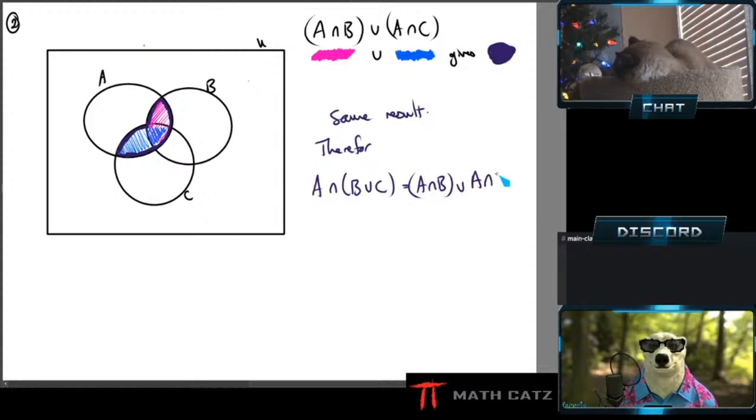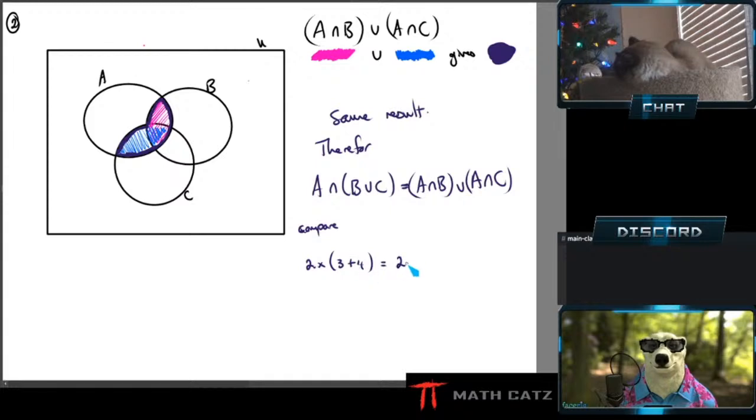union (A intersection C). Now, there are many of these identities in terms of how the union and intersection are related to each other. I'm hesitant to refer to this, but I will, and hopefully you just listen. Compare this with 2 times (3 plus 4). How do I simplify this?